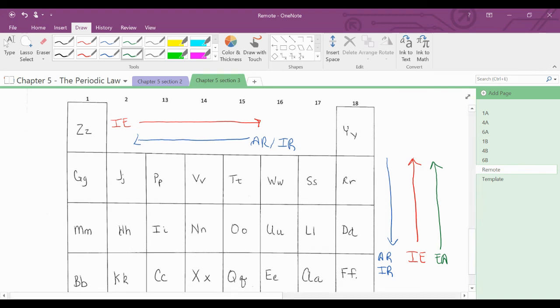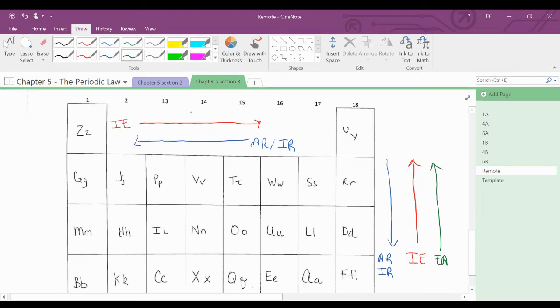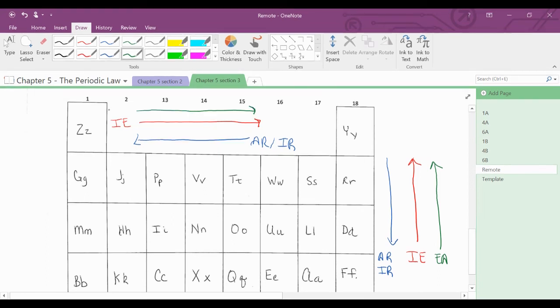And then across a period, electron affinity increases. Okay, so what ionization energy and electron affinity tell me are what kinds of ions these elements are most likely to form.